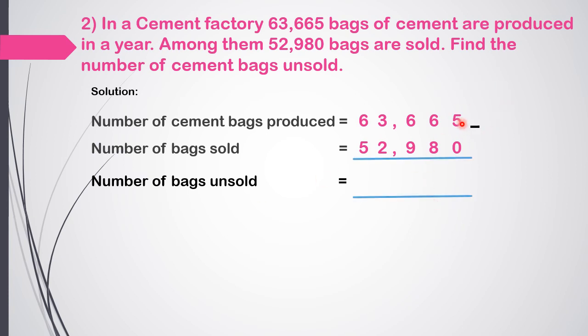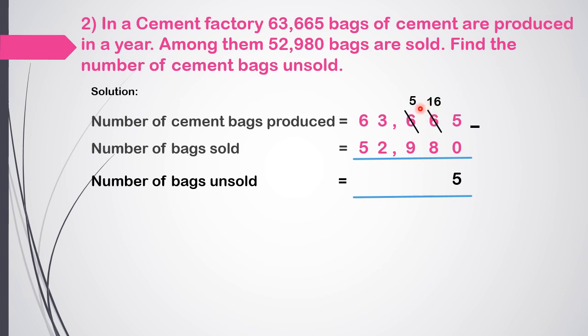5 minus 0, 5. Then 6 minus 8. We can't subtract 8 from 6, so we have to borrow from the previous number. 6 changed to 5. Then here 16.